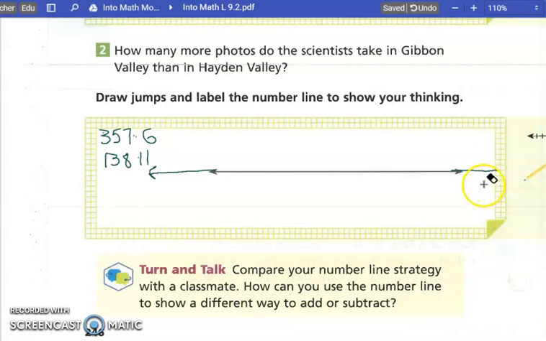And then we're going to subtract out 138. 357 is right here on our number line.